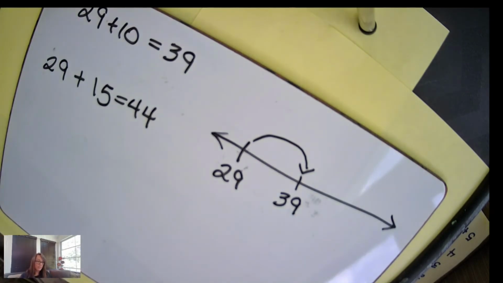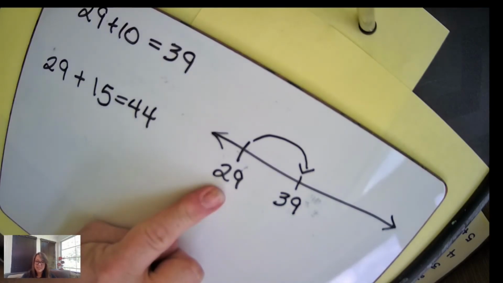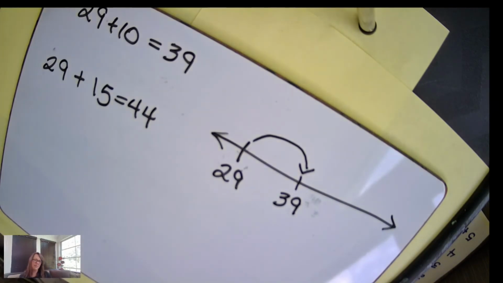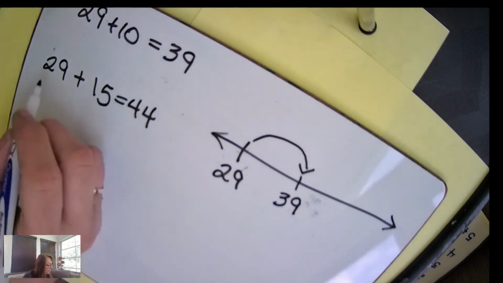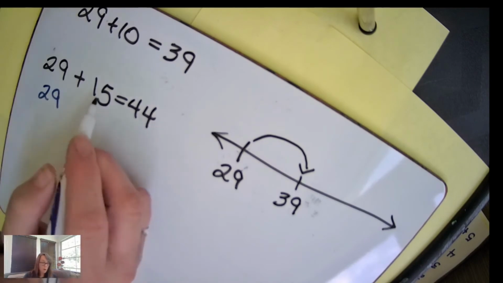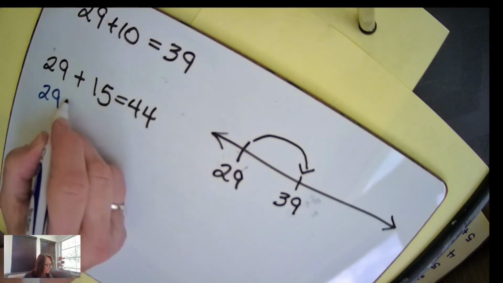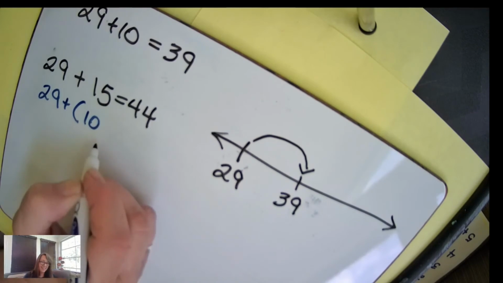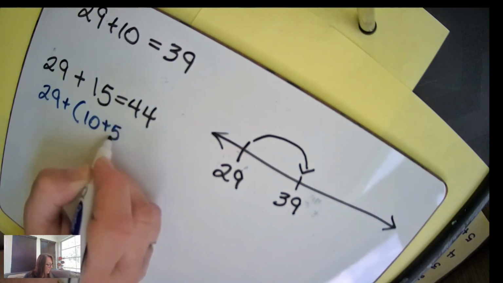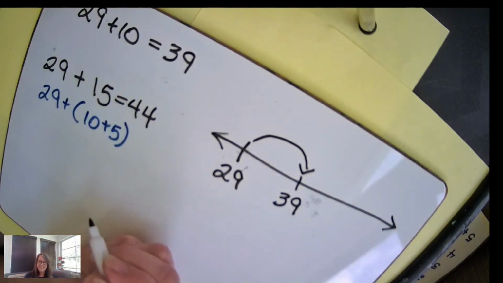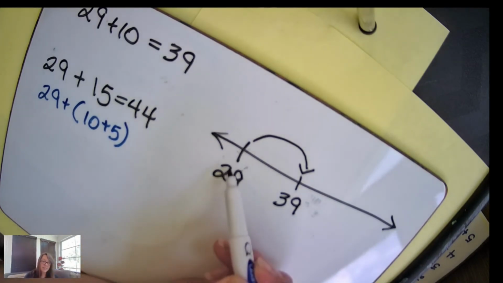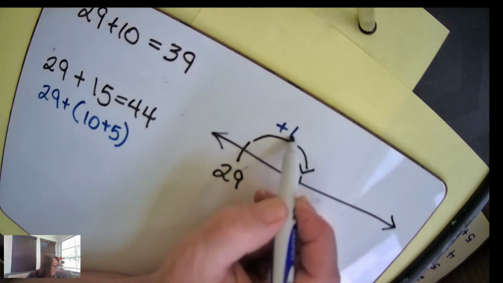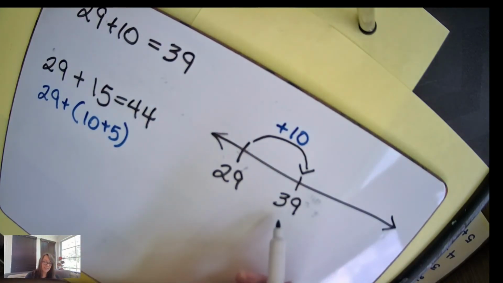Daniel says that he used what was already here. He was using this number line. Tell us more about that. Okay, so Daniel says that he broke apart the number 15 into a 10 plus 5. 29 plus 10 is 39.